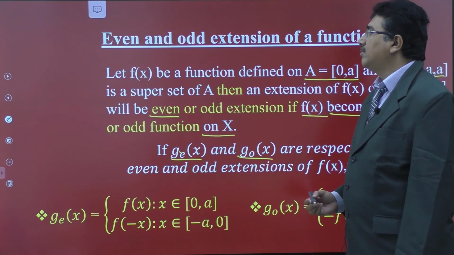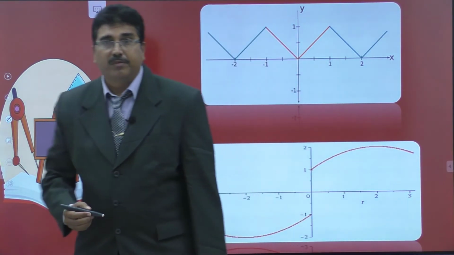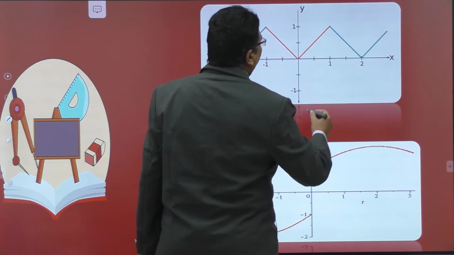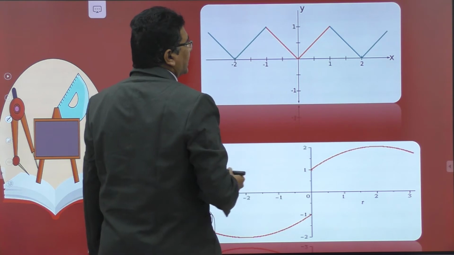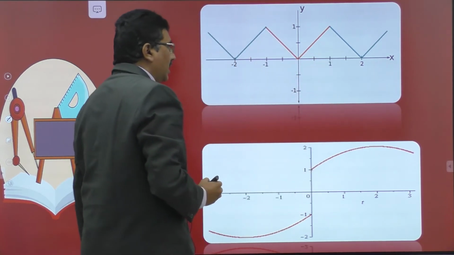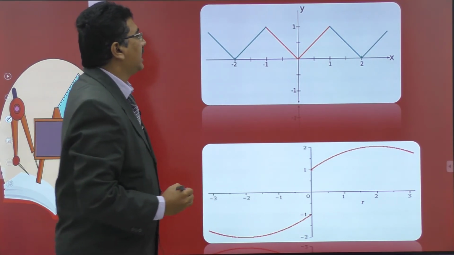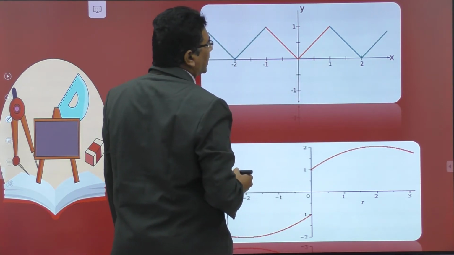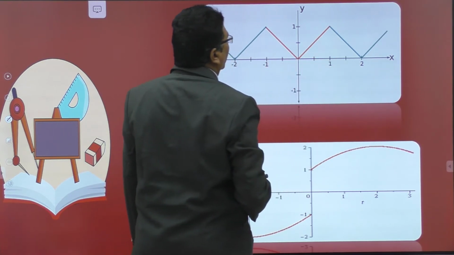Now see one example. Now the graph, okay, observe that this is a function defined on the closed interval 0 comma 1. Now we extend the function to the closed interval minus 1 comma 1. Right?